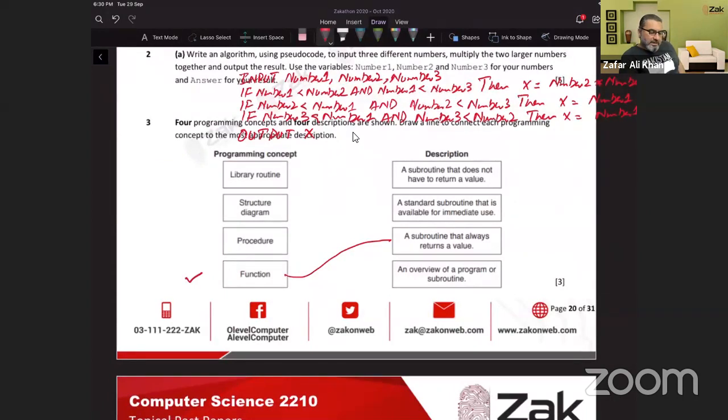A subroutine that always returns a value is function. A subroutine that does not have to return the value is procedure. So it takes some input. For example, if there is a subroutine that prints, so you give a value that prints, that's it. It is not returning a value like div, mod, integer, log. It just takes input and consumes it. Finish, done.